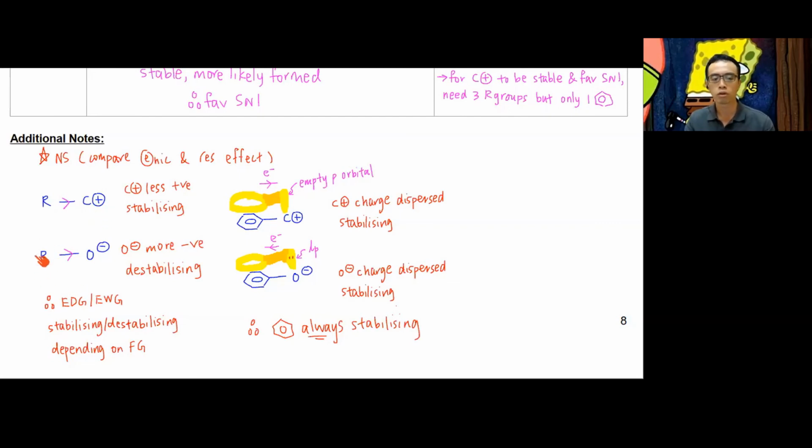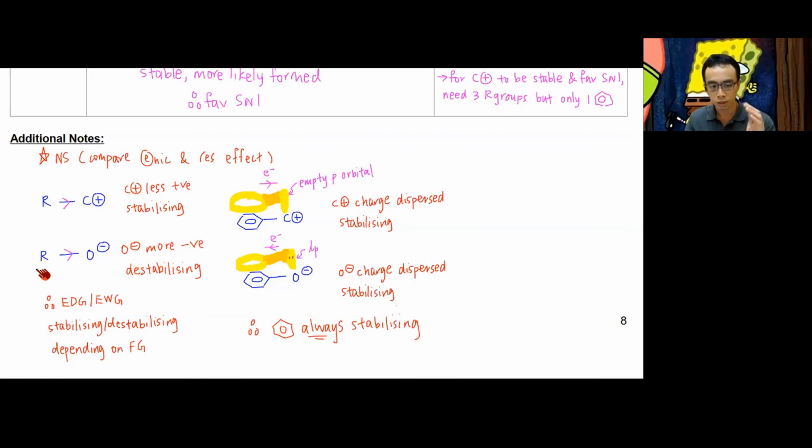But the same electron donating R group, if it is attached to negative species, O- for example, you notice it will become destabilizing, because if I'm negatively charged, if I want to be stable, I don't want to be negative. I want to be neutral. So I want things that can help to take electrons away from me, but this electron donating R group still gives me more electrons, which means that I will become even more negatively charged, and this will be destabilizing.